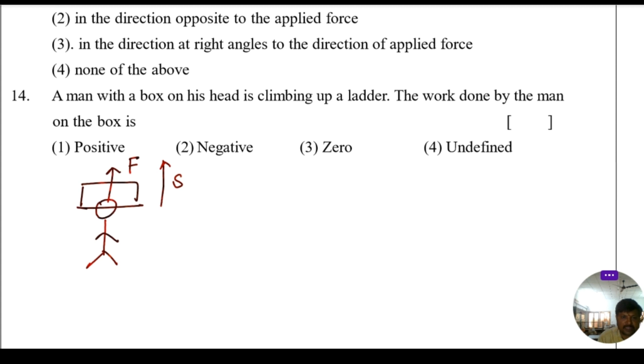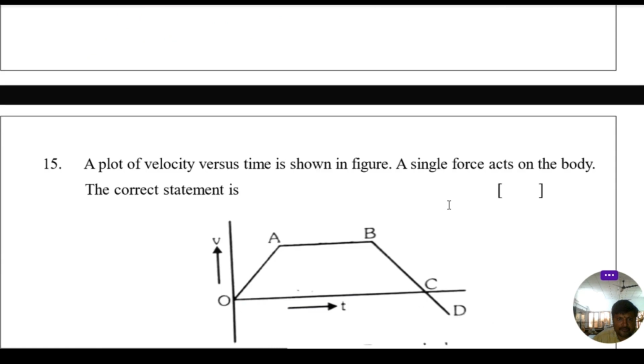So force and displacement are in the same direction and the box has some displacement. So work is done here, and both are in the same direction. That work done is said to be positive. So here work done by the man on the box is positive. Then go to the 15th question.